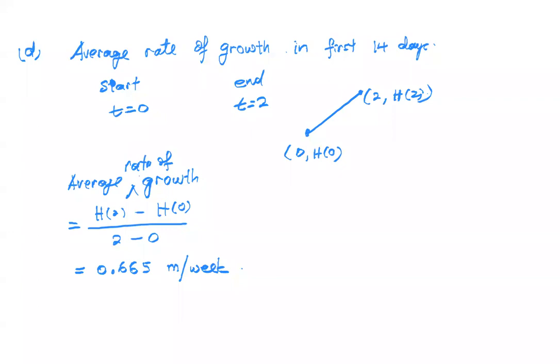Who didn't get the answer? So 0.667. You see, the reason you get 0.665 is because you take the answer from part B, then you put it into your calculator and count.